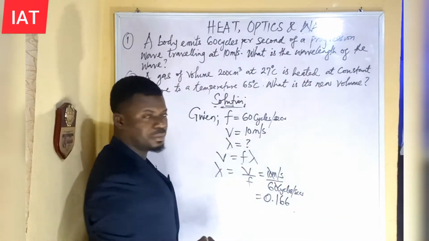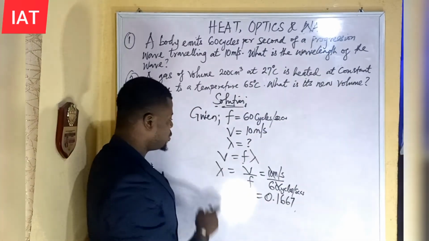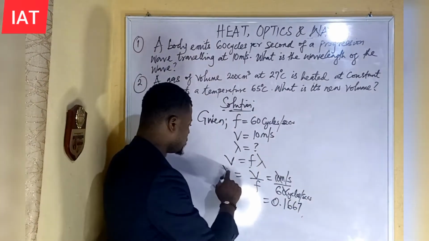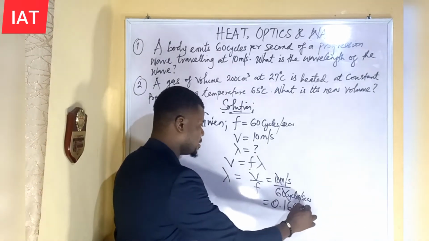Approximately we have 0.167, and the unit for this lambda is meters.